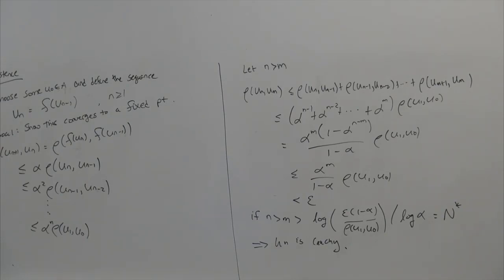And good news, we're working in a complete metric space, so Cauchy sequences automatically have limits. Since we assumed A is complete, that matters too. There exists some limit.